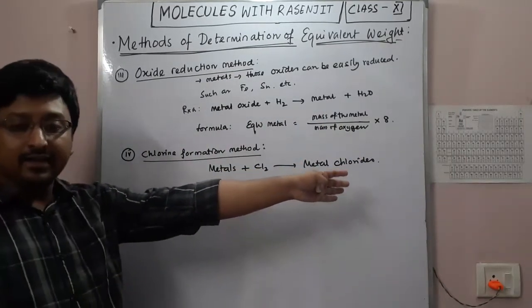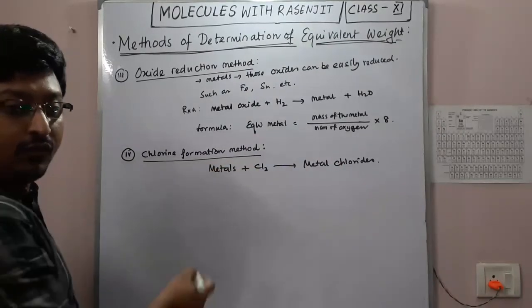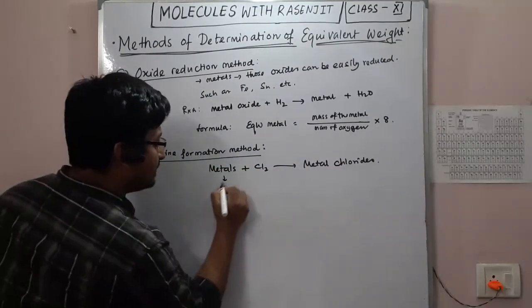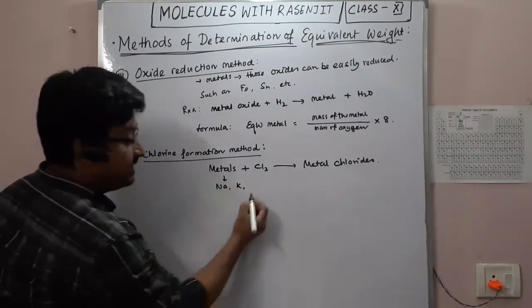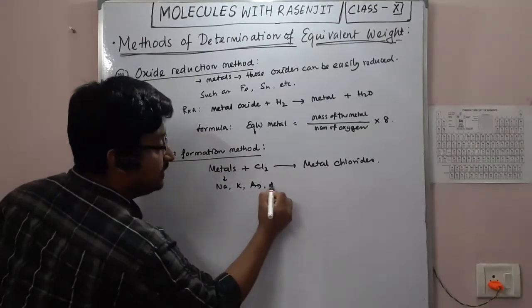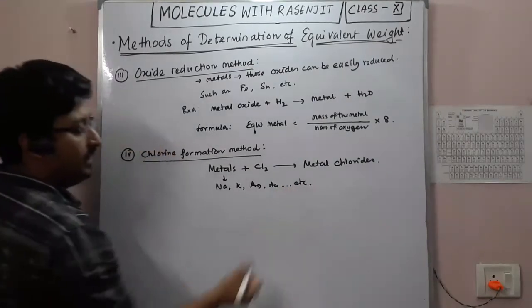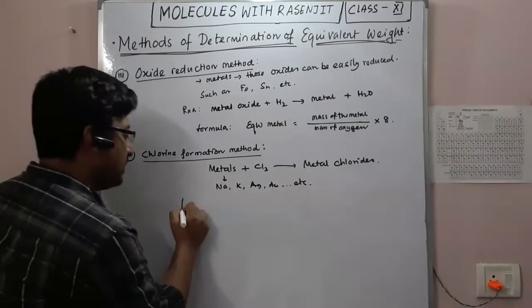Examples of such metals are sodium, potassium, silver, gold, etc. So what is the formula?